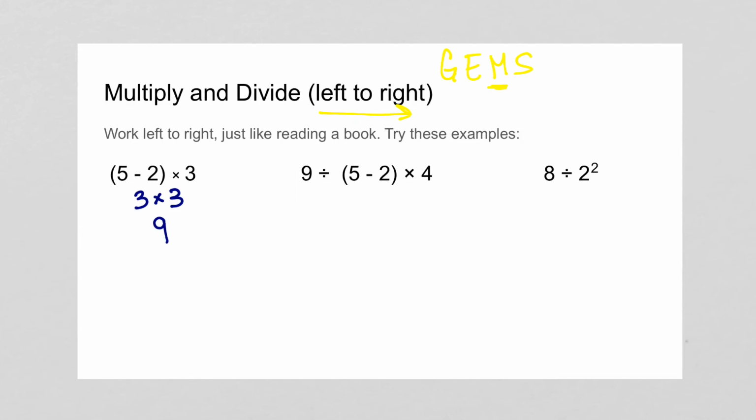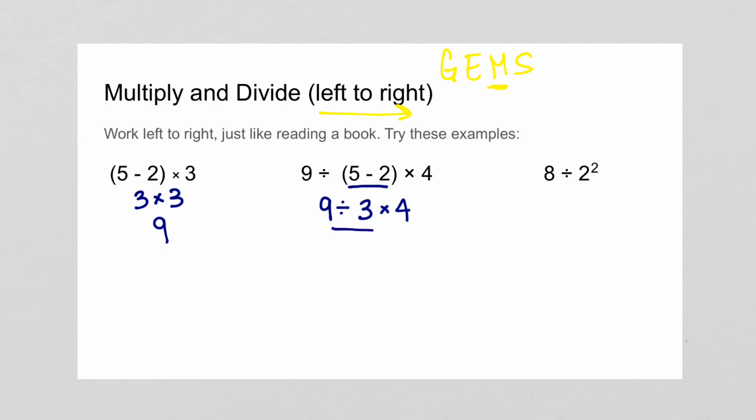Let's see if it's any different on the next one. Well, I've got another grouping symbol. So 9 divided by the expression 5 minus 2 times 4. Well, 5 minus 2 is in a grouping symbol, so I need to do that first. So that turns into a 3. But the rest of my problem did not just disappear. It was just waiting for its turn. So now I've got something where I'm looking for multiplication and division, but I've got more than one thing to do.